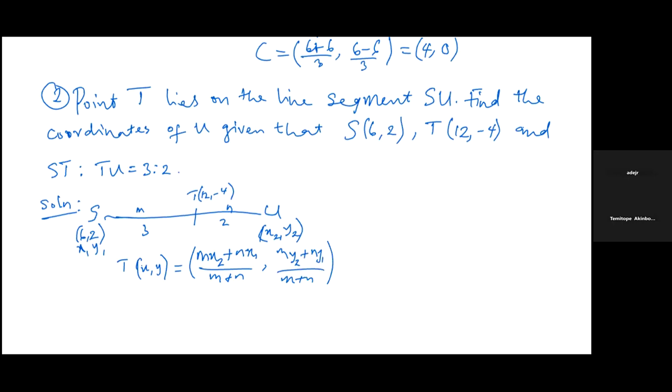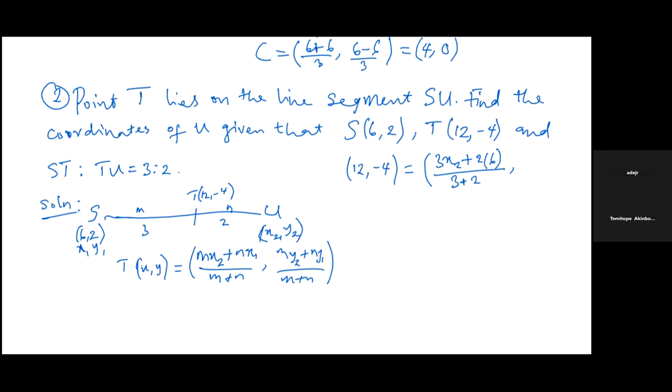So that's 12, minus 4 equals (M is known to be 3, 3 times S2, S2 is unknown, plus N, which is 2, times S1, S1 is known to be 6, over 3 plus 2, comma.